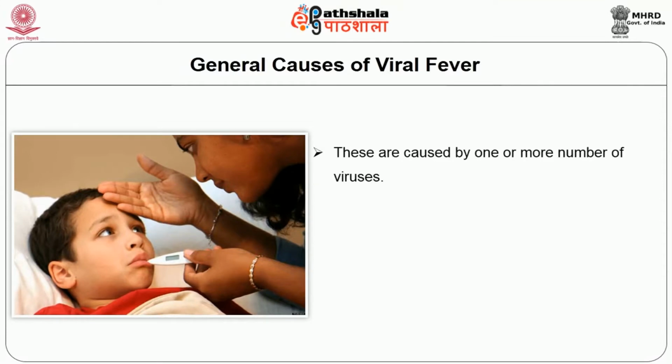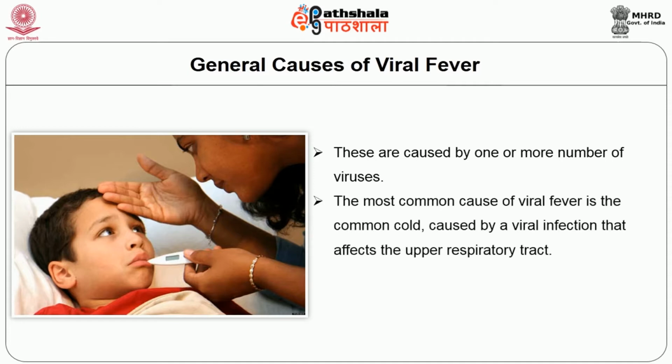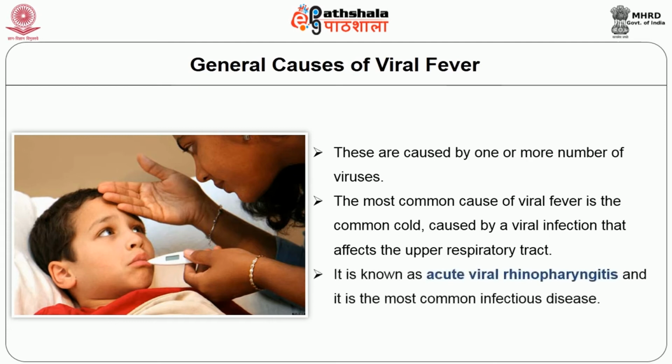Viral fever is caused by one or more viruses. The most common cause of viral fever is the common cold, caused by a viral infection that affects the upper respiratory tract. The common cold is known as acute viral rhinopharyngitis and it is the most common infectious disease.